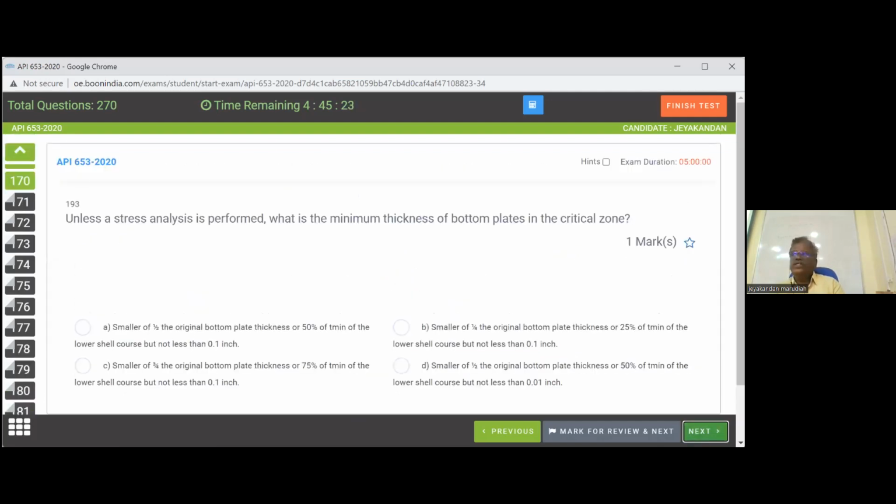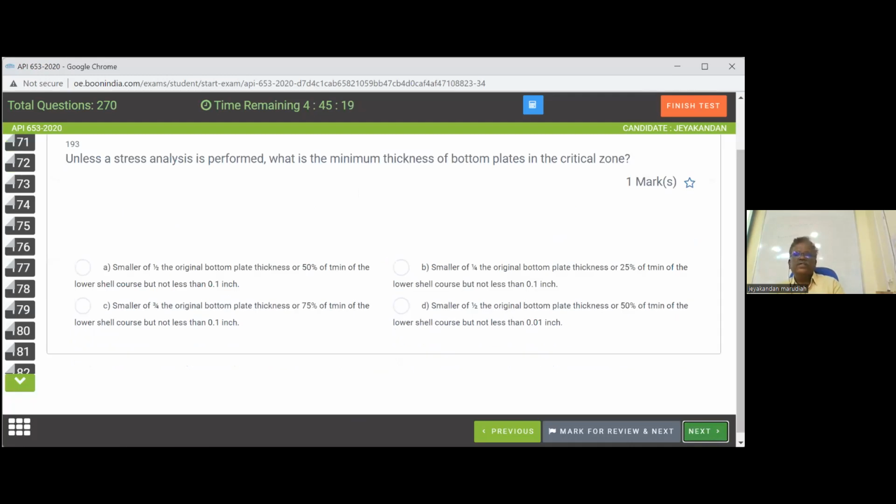Okay, next. Unless a stress analysis is performed, what is the minimum thickness of bottom plates in the critical zone? So what is the minimum plate thickness for the critical zone? Smaller of half of the original plate or 50% of the lowest, but not less than 1 inch. Okay, where is it given? You can see the bottom plate in the critical zone.